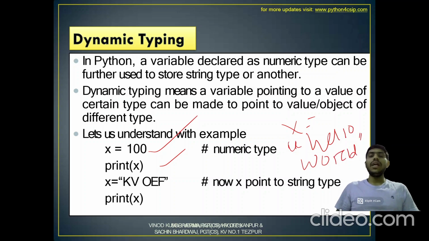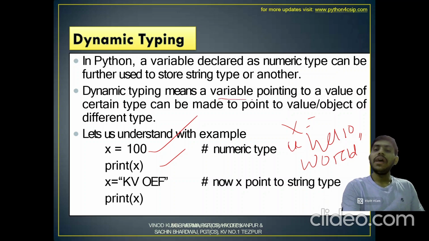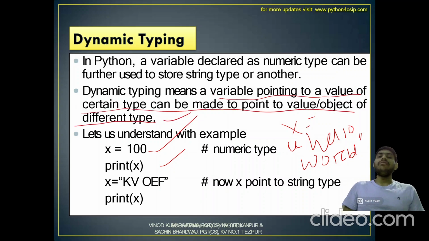That is called dynamic typing. That means a variable pointing to a value of a certain type can be made to point to a value or object of a different type. One type was taken already, but if we give another one it will also be taken. That is called dynamic typing.